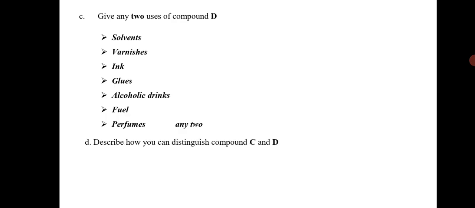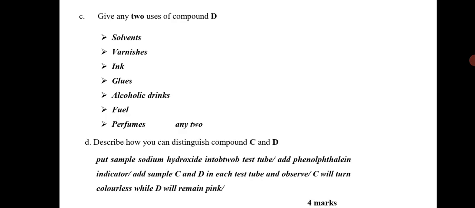In order to do that, all you have to do is put a sample of sodium hydroxide in a test tube. Put some drops of sodium hydroxide, but you have to be careful because sodium hydroxide is corrosive, so handle it carefully to avoid being burned.